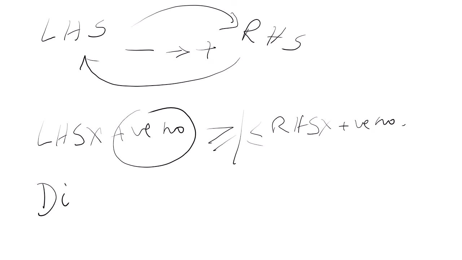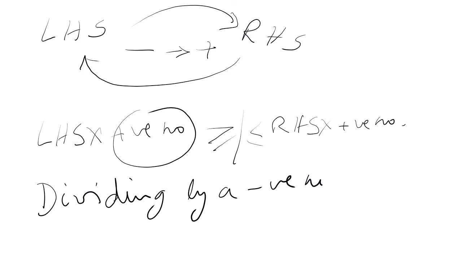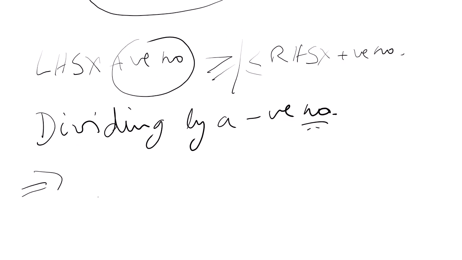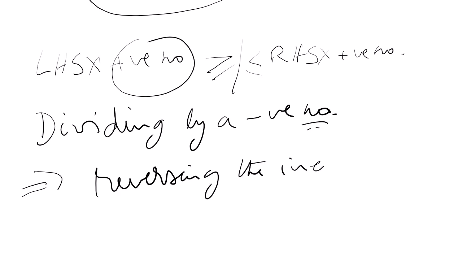So dividing by a negative number results in reversing the inequality sign.